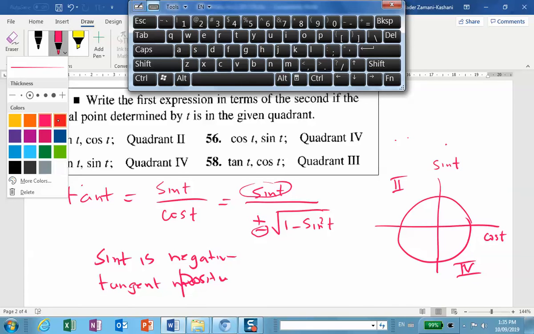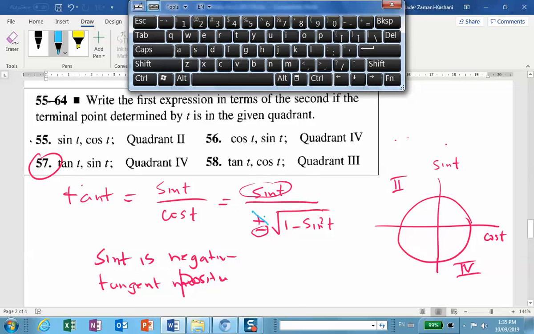Throw away the positive from here. So tangent of t, if t is in quadrant 4, is going to be sine of t over minus square root of 1 minus sine squared t. Because to begin with, this is negative because you're in that quadrant. And of course, you have a negative sign here, and the whole thing is going to be positive.